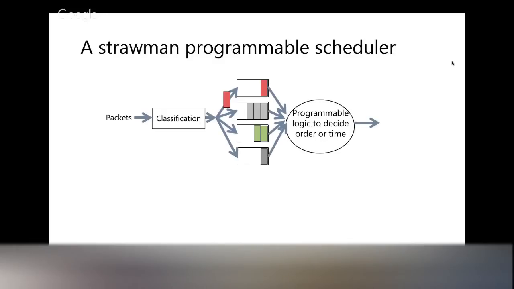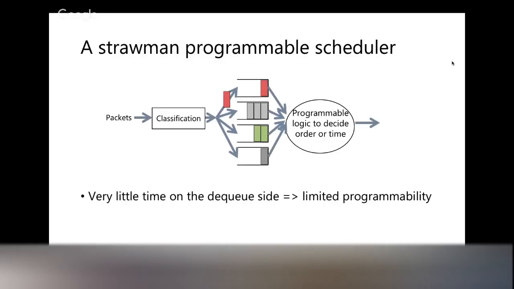So it turns out the problem with this approach is that there's actually very little time on the DQ side. So if you're going to be DQing a packet for a 100G or a 400G link, you have less than a few nanoseconds, like about 5 clock cycles at the lowest packet size, to DQ packets before you have to DQ the next packet. Now, this limited time is a problem because these scheduling algorithms aren't pieces of computation that can be easily pipelined because they have considerable amount of state, and the presence of state complicates pipelining, like I outlined earlier.